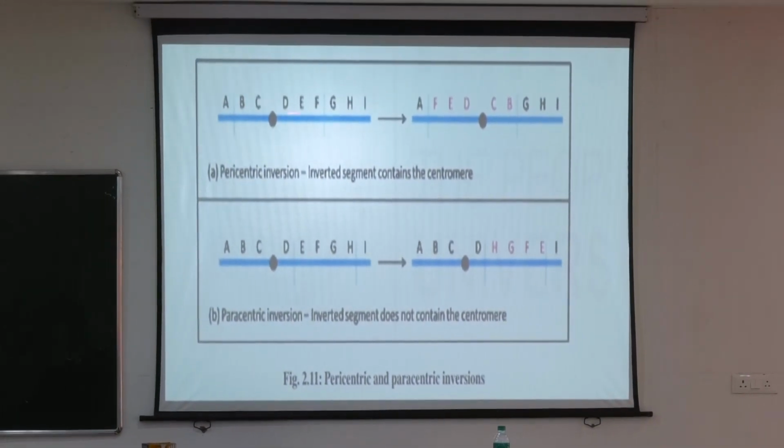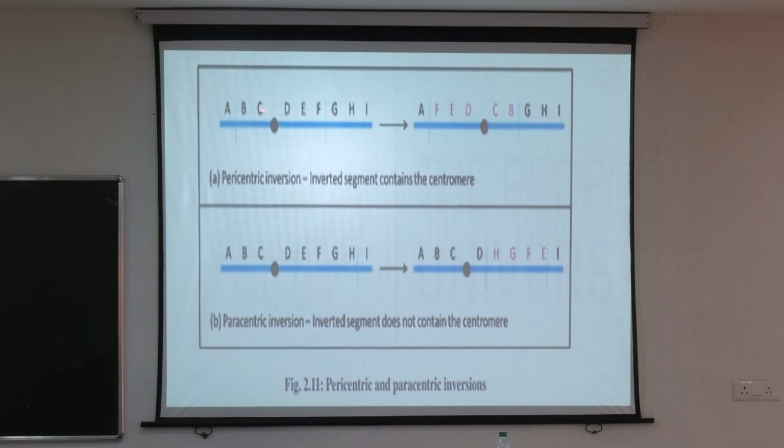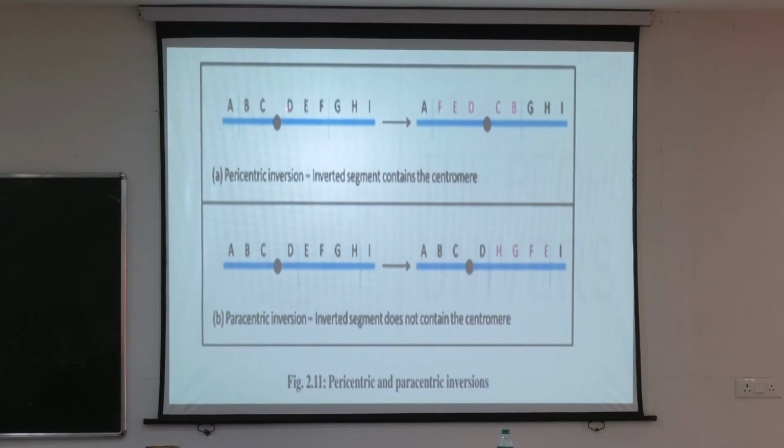You see that this is the entire length of this chromosome. A, B, C, D, E, these are the genes which are present in a normal chromosome. Now, we have a breakage between these two lines, between A and B and F and G, we have a break point. So, this segment is broken involving the centromere, with the reunion taking place in an inverse way.